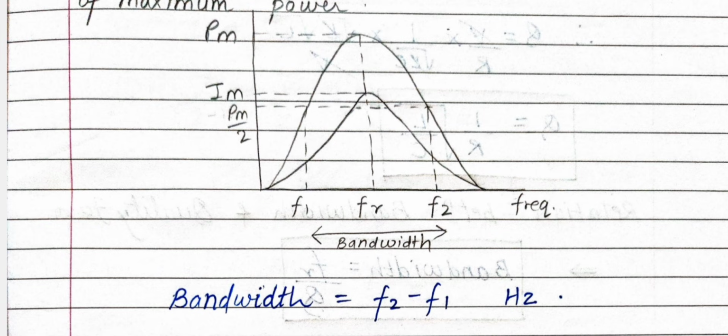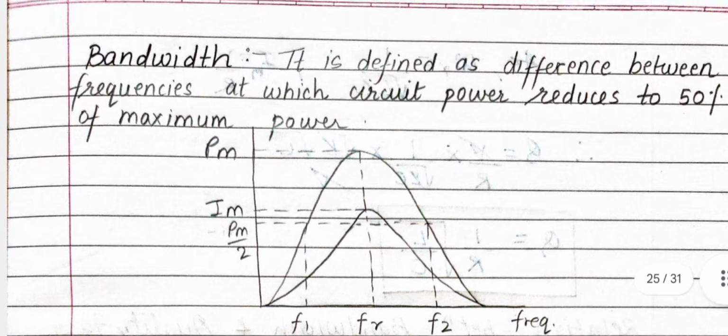It is just F2 minus F1 hertz. In that graph you can see I have marked maximum power, then maximum current, and the other one is PM upon 2, that is maximum power upon 2, halfway we have cut. Then we have made 3 columns, the first one is for F1, the middle one is your resonant frequency, and the last is your F2. So this distance you can say is the bandwidth, F2 minus F1 hertz.